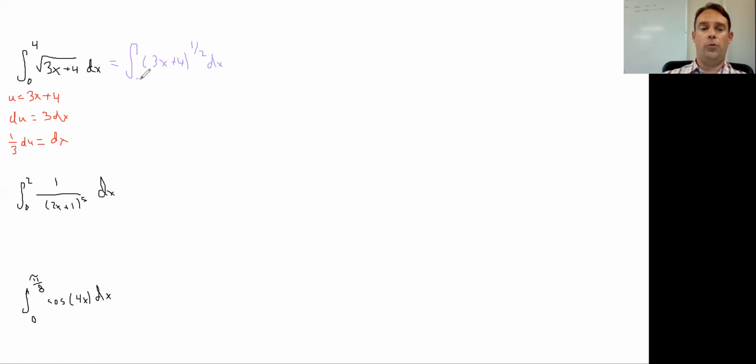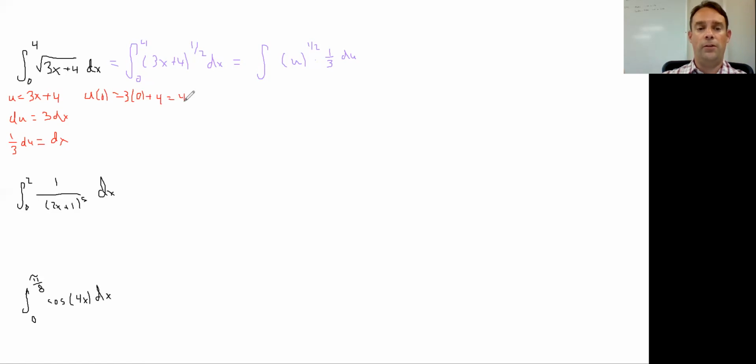Still at 0 and 4, because I haven't done my U sub yet. As soon as I do my U substitution, my bounds are going to change. So to figure out what they are, I'm going to plug them into my U function. Let's see what I'm going to deal with. So U of 0 is 3 times 0 plus 4. So that will be 4.